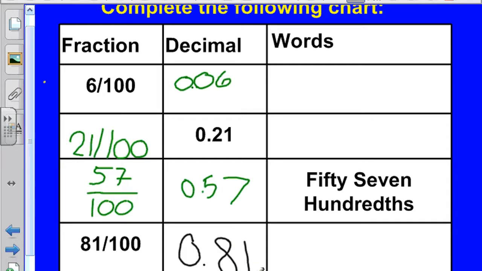0.81. Good job. All right, the next one. Caitlin. Perfect. 6 hundredths. And Tiffany.